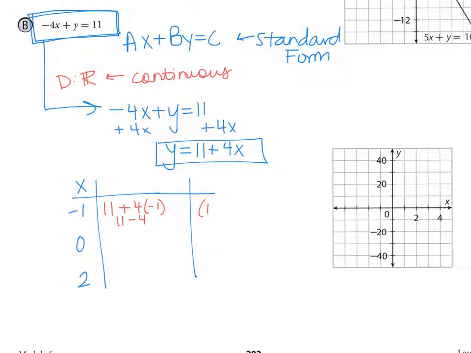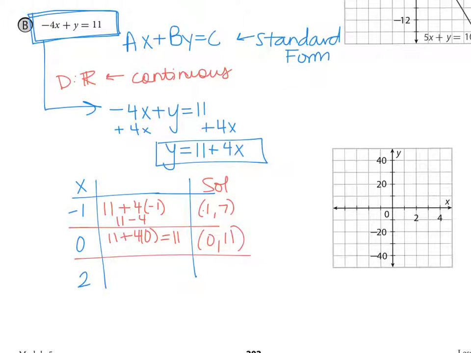So my first solution is -1, 7. If I plug in 0, I get 11 plus 4 times 0, which is 11. So 0, 11 is my next solution. And then lastly, 11 plus 4 times 2. That's 11 plus 8, so 19.